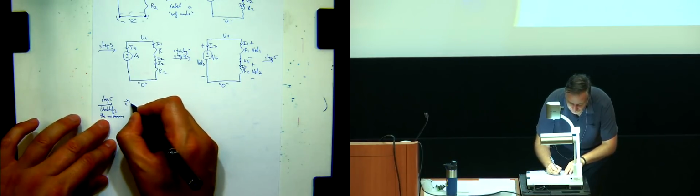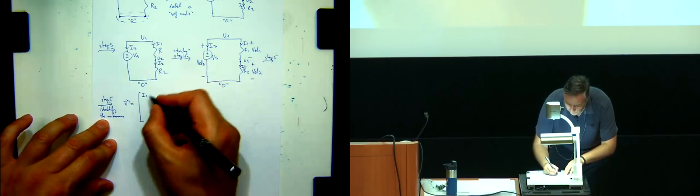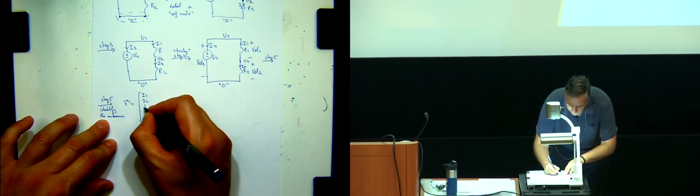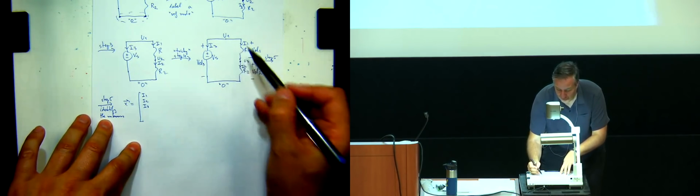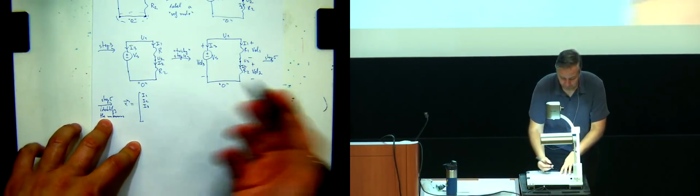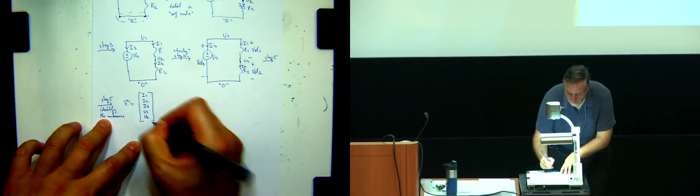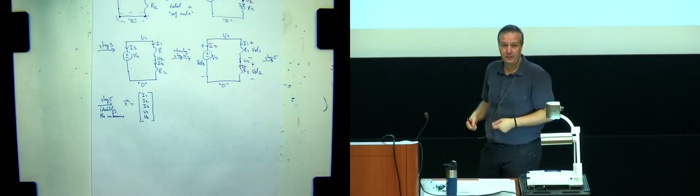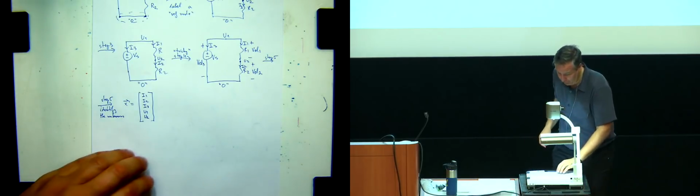Let's say our vector x is: we don't know the currents, so that's what we want to find out. And there are two potentials that I don't know in the circuit, because the third node I know, it's my reference node. I purposely labeled it as my reference node.